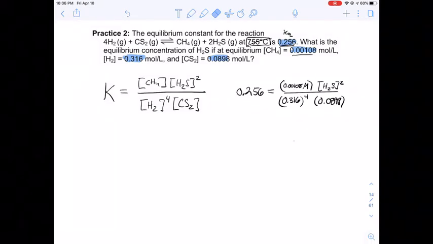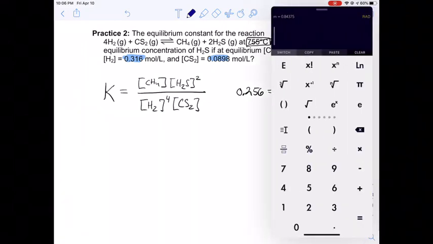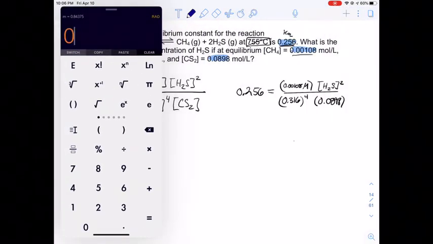So now that we have the values entered into our equation, what we want to do is combine as many of the numerical values as we can. So I'm going to combine all three of these values right now. So I'm going to pull out my calculator, 0.00108.